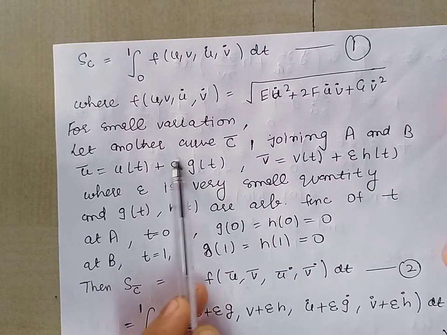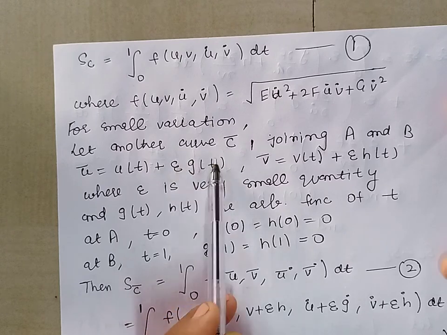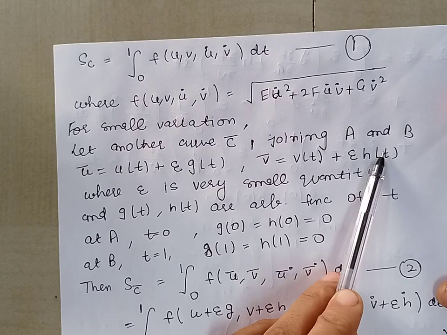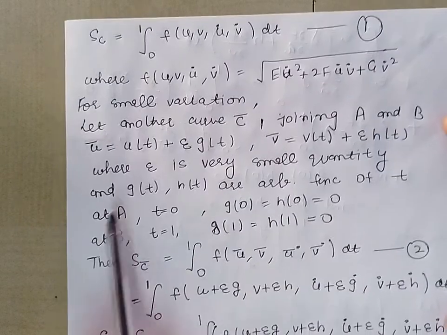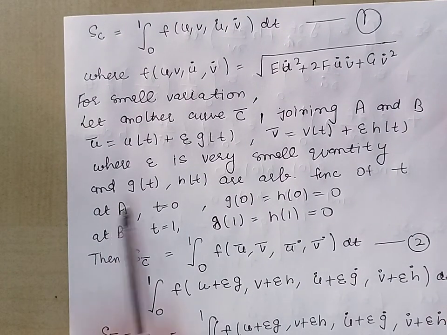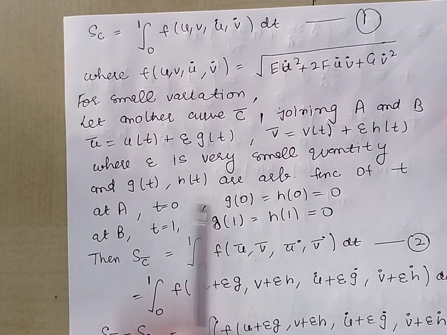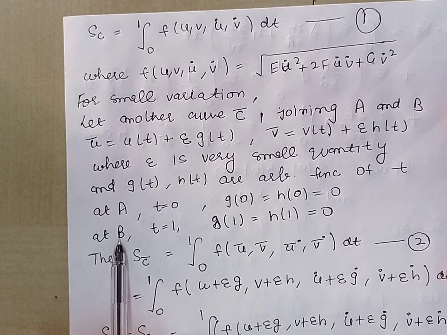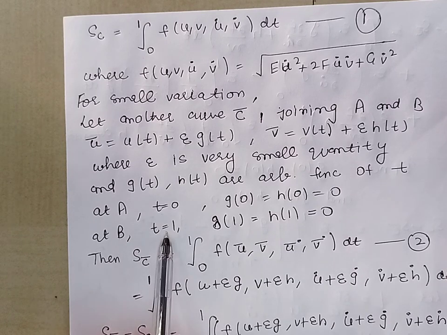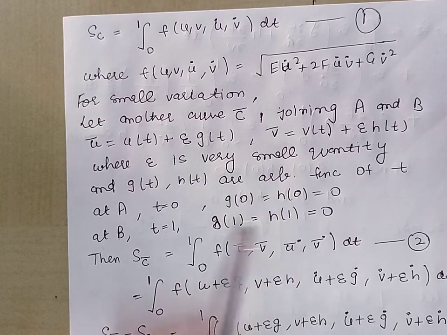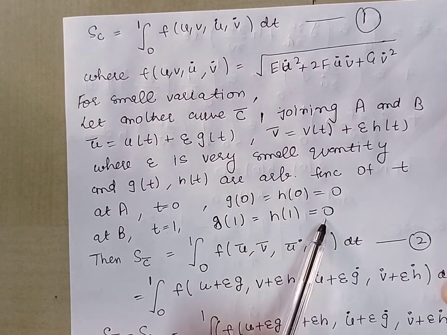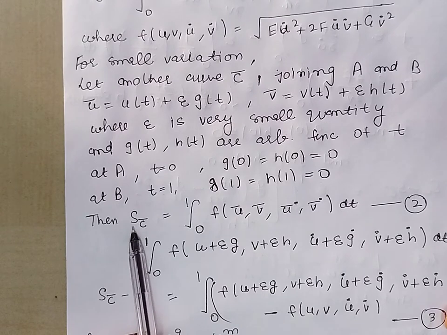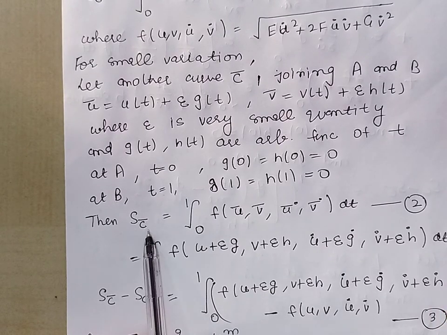Here this epsilon is a very small quantity, and the functions g and h are arbitrary functions of t such that at the point A, that is for t equal to 0, both functions vanish, and also at the point B corresponding to t equal to 1, both functions g and h become 0. Now, let us find the length of the curve C bar.